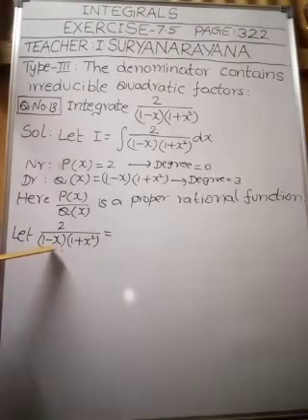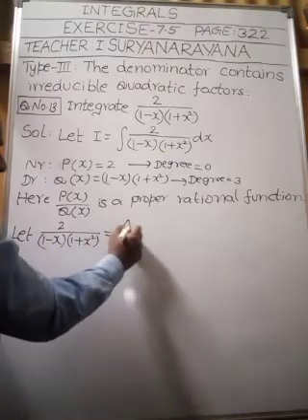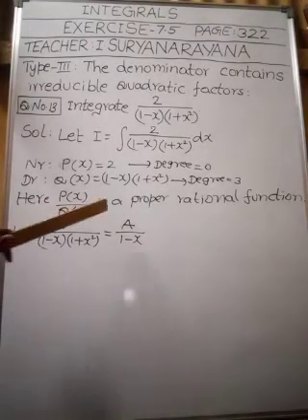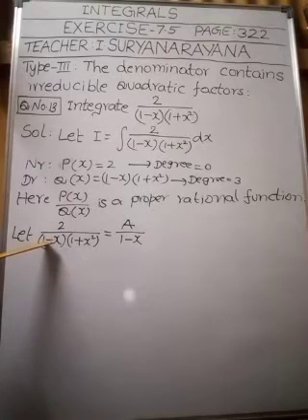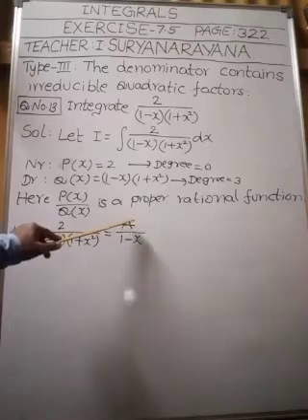Corresponding to this non-repeated linear factor, we write a partial fraction like this: a by 1 minus x. Do you remember that point? For every non-repeated linear factor, we write a constant, some letter a, by 1 minus x.